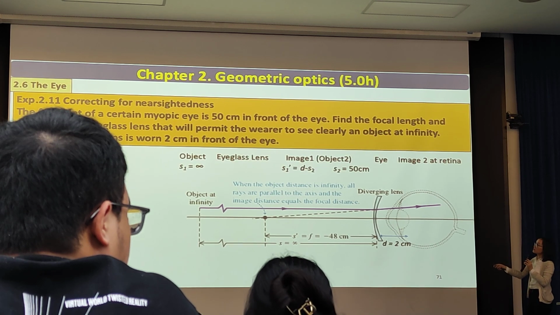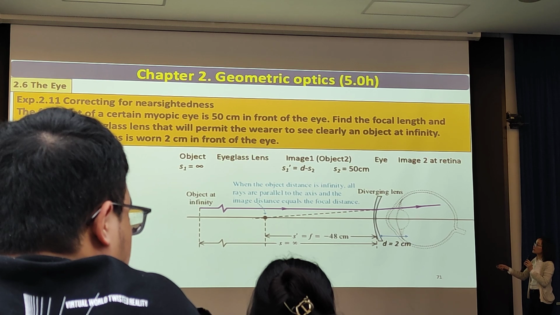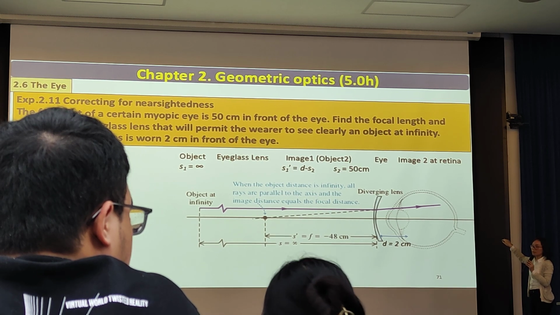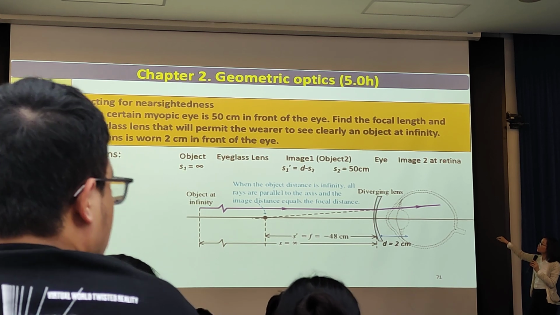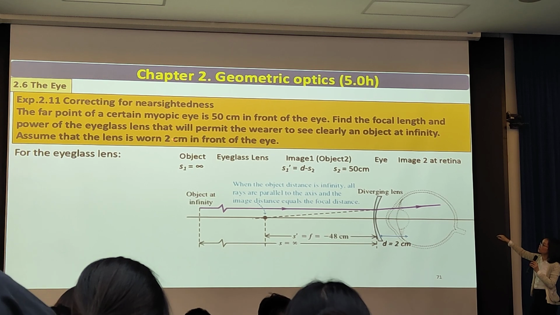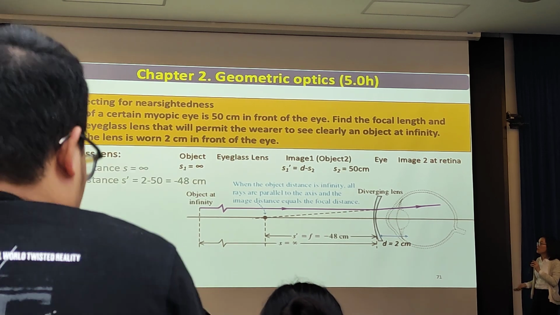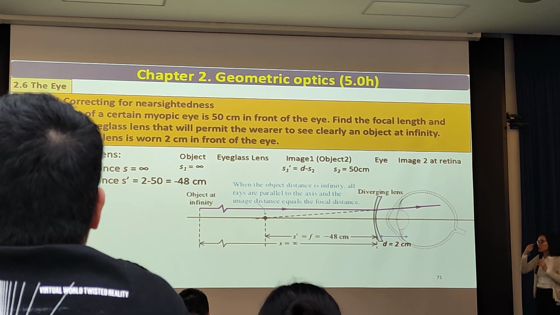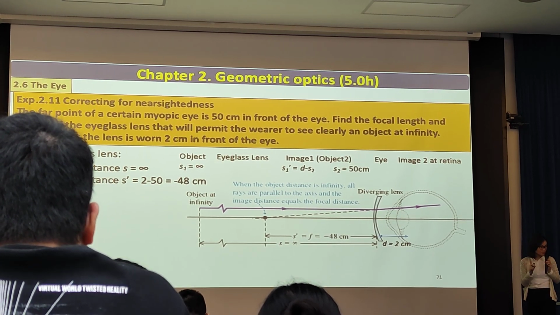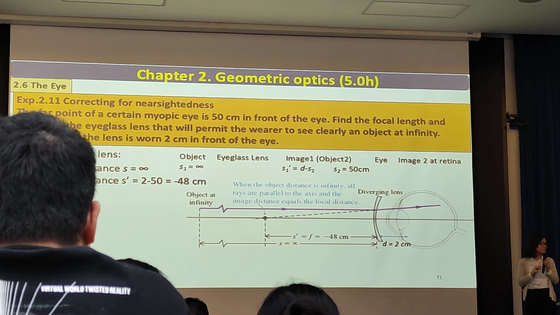So I use this diagram to describe object at infinity. Through the eyeglass lens, you have the first image, and it becomes the second object to your eye. And your eye can observe 50 centimeter. And D here is the distance between the diverging lens and the eye, which is 2 centimeter. So for the eyeglass lens, if we now forget S1 prime, S2 prime, etc., you have the object distance S equal to infinity.